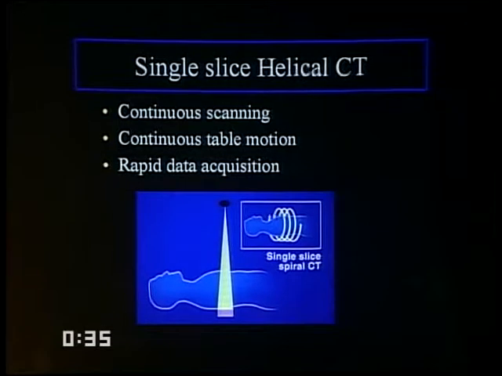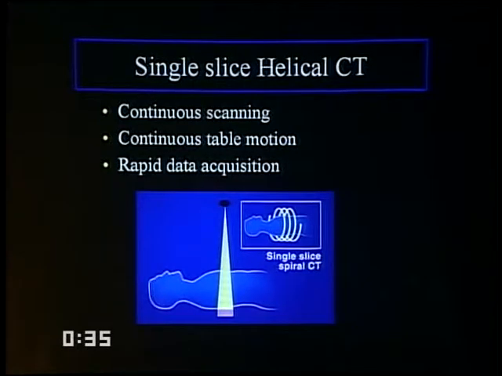Now, of course, you can do CT angiograms using single-slice helical CT, and indeed we've done it for many years before we had multi-detector scanners. It just requires a bit more patient cooperation because it takes longer to get through the chest at reasonably thin collimation. Mostly in that mode we've used 2.5 millimeter collimation.